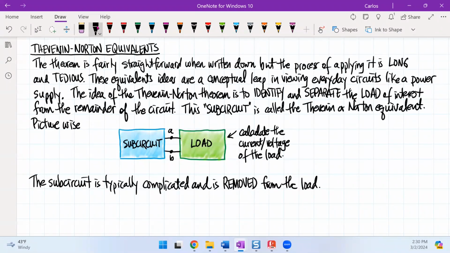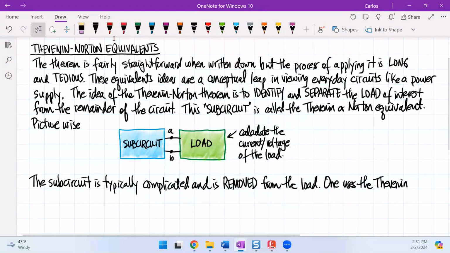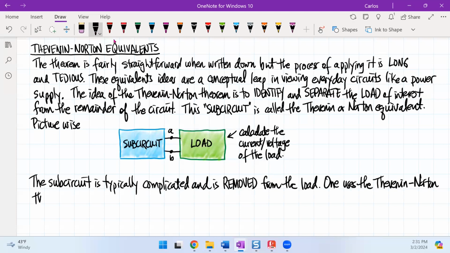So now that we removed it, one uses the Thevenin-Norton theorem to convert it into a Thevenin or Norton equivalent.